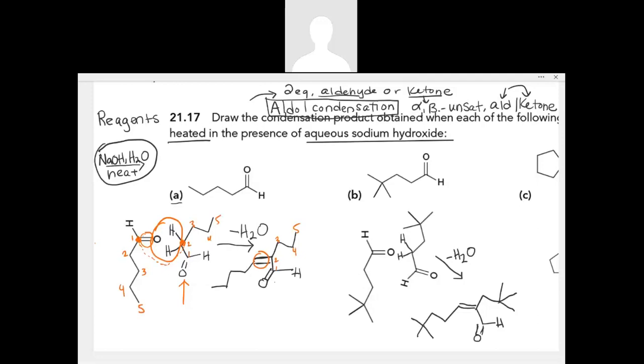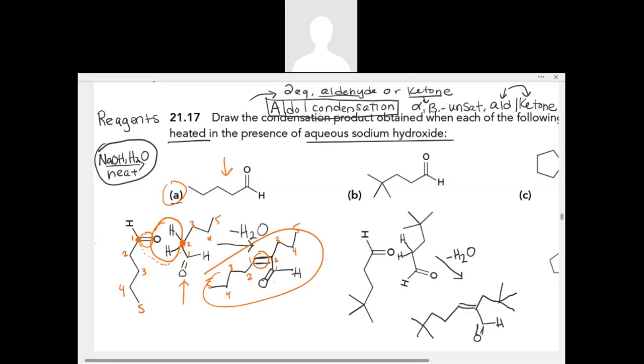Again, these are two equivalents of the same starting material shown in A. So this will be our product shown down here for the aldol condensation reaction of this aldehyde. Let's take a look at B.